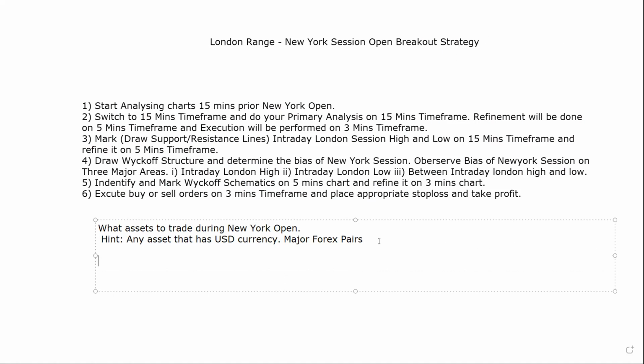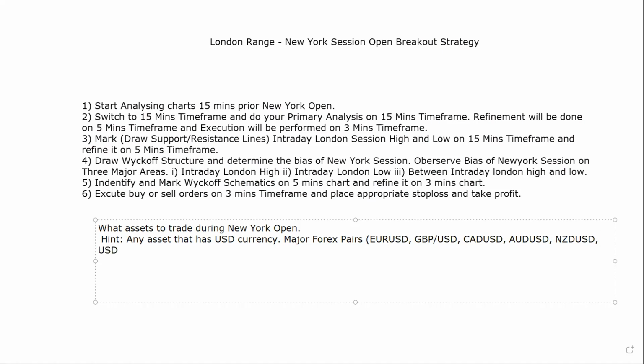If I write down the list here: first of all, the major one, Euro/US dollar, GBP, British pound/US dollar, then CAD, Canadian dollar/US dollar, then Australian dollar/US dollar, then New Zealand dollar/US dollar, then USD/JPY. Got it?